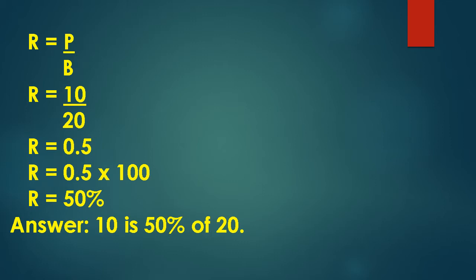So 5/10, we are going to change decimal to percent. We are going to multiply it by 100. So 5/10 times 100 is equal to 50%. So the answer is 10 is 50% of 20.